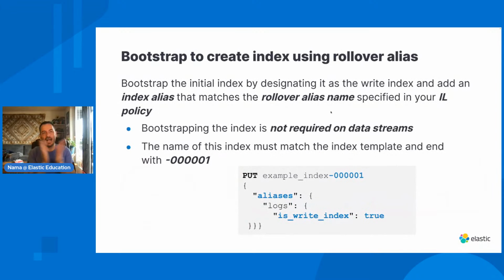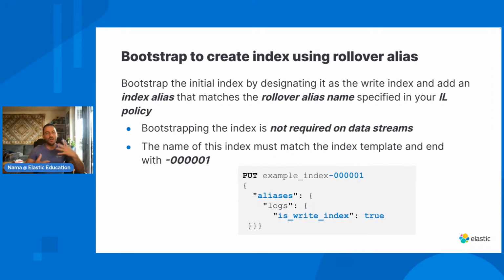So how do we start things off using a rollover alias? That requires this first step, bootstrapping the index. We've set everything up in an index template. We have all the settings we want, and we have an alias that we want to start using to communicate with. The alias doesn't exist yet because the index doesn't exist yet.